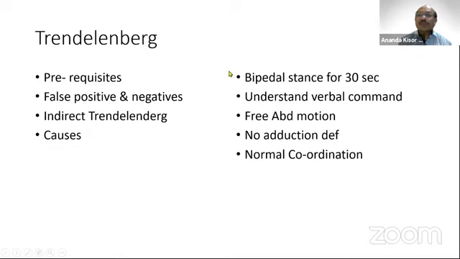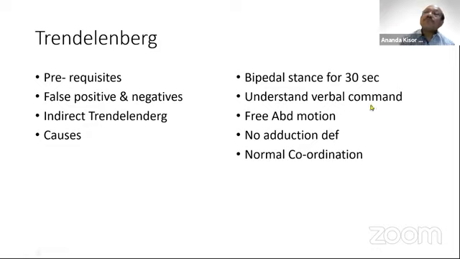The patient should be able to stand bipedally for at least 30 seconds. They have to understand the verbal command. There must be some free abduction motion, because to elevate the pelvis on the unsupported side, the other side of the standing side, there must be some abduction of the hip joint.